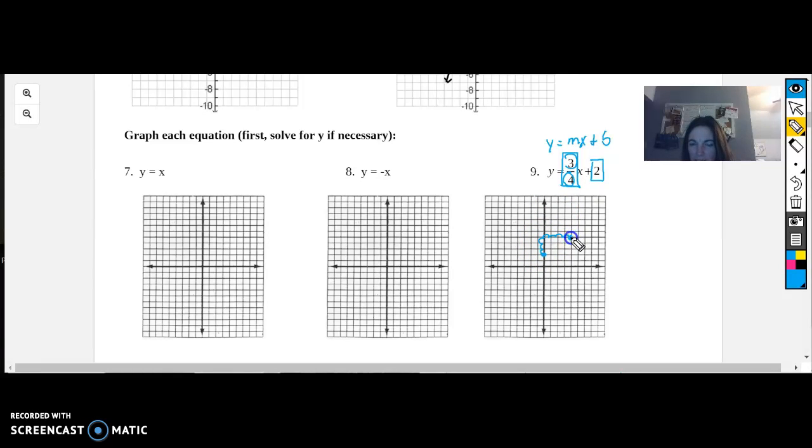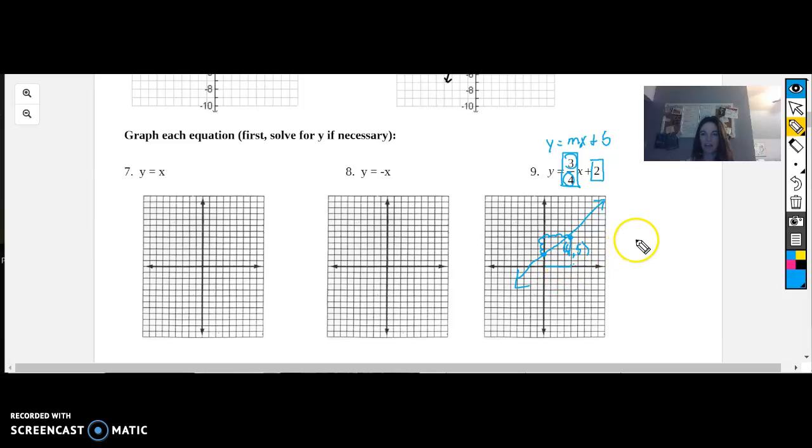So now I've got another value here at 4, because I'm over 4, and 3 plus 2 is 5. So I've got a point at 4 and 5. Okay, so now my line, I don't think I have a way to do a straight line here, so you're just going to have to imagine that this is straight. It's going to be something like that.